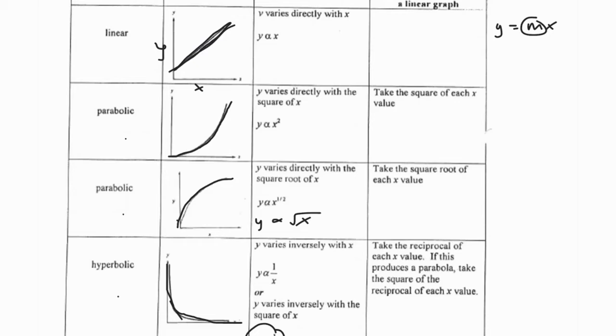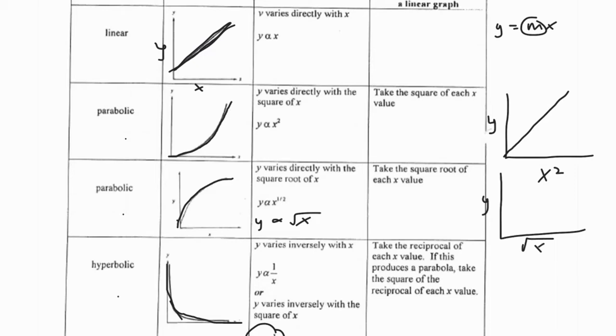If I have a parabolic relationship and I want a straight line, I have y here. Well, what I would plot is my x value squared. If I did that, I would get a straight line. If I had a root relationship and I wanted a straight line again, I would plot root x on my x-axis and I would get a straight line.